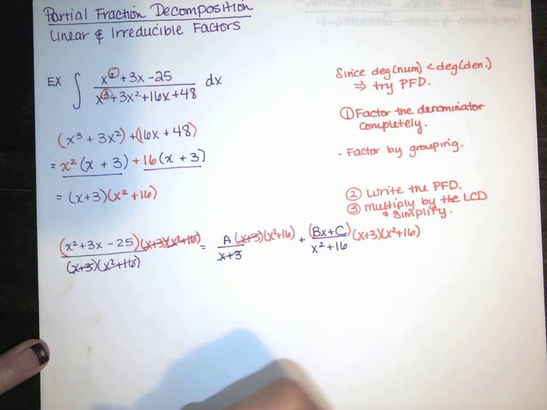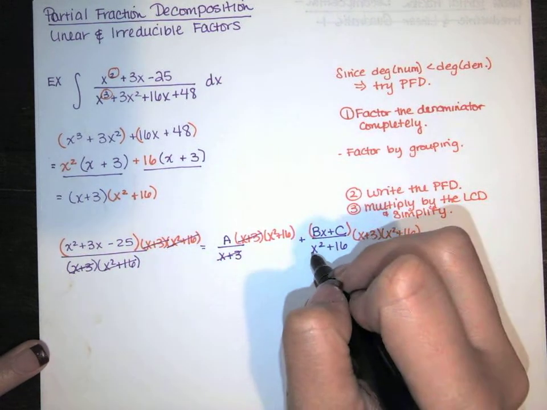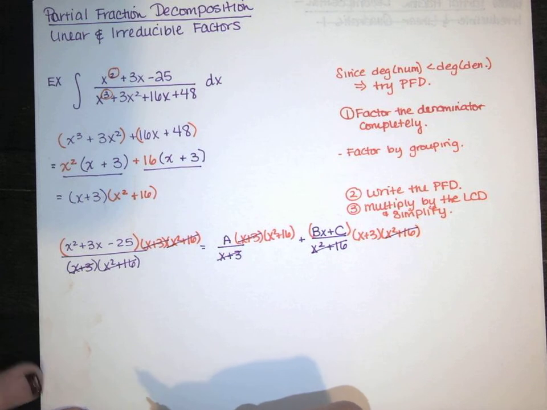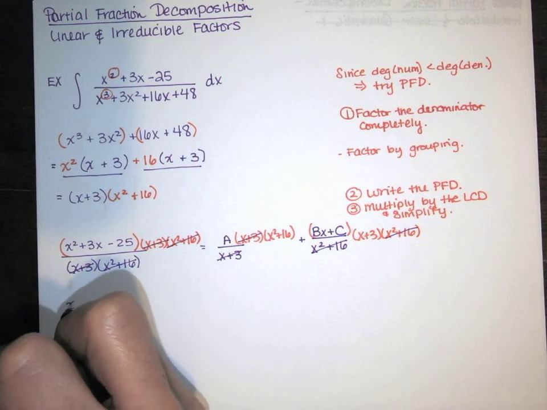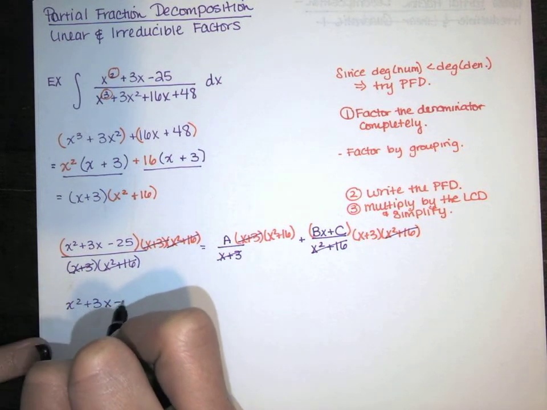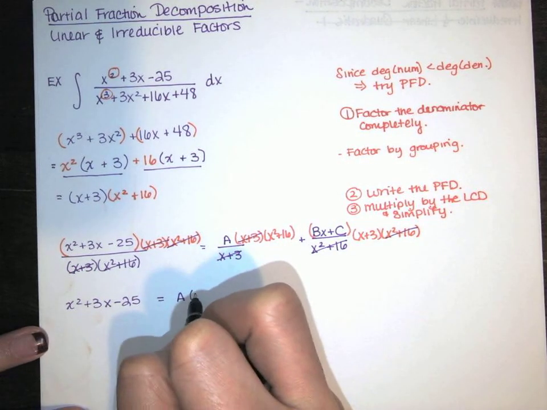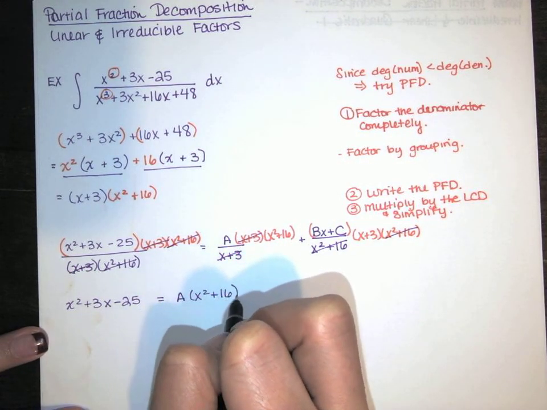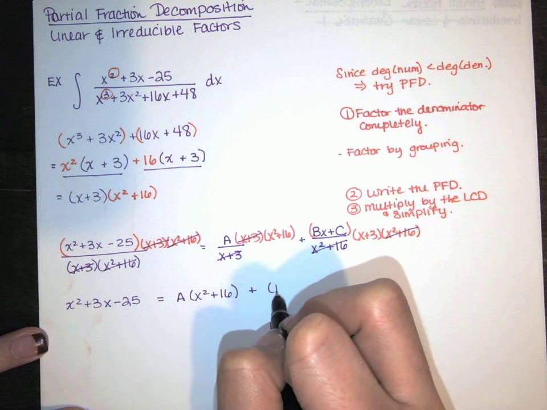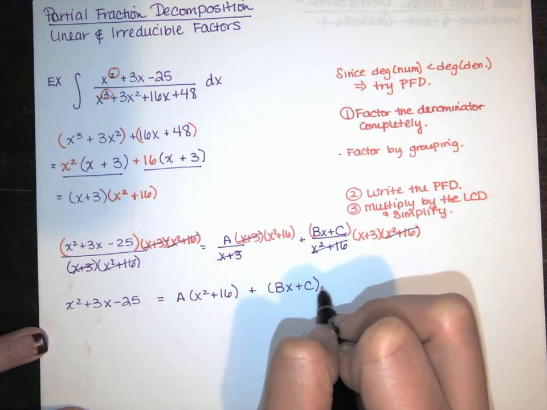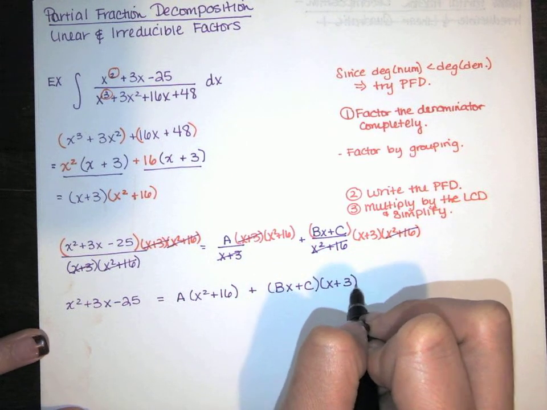X squared plus 16 reduces there. X squared plus 16 reduces there. And I'm left with x squared plus 3x minus 25 equals a times x squared plus 16 plus bx plus c times x plus 3.